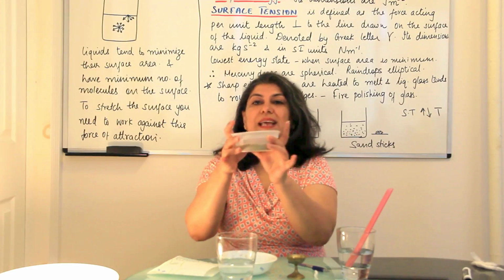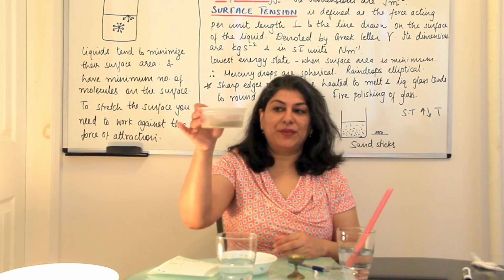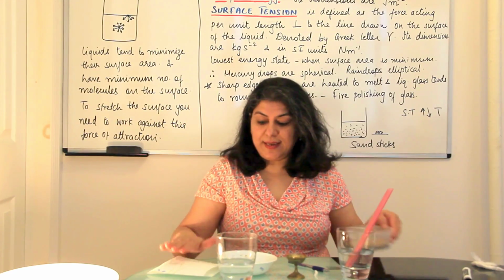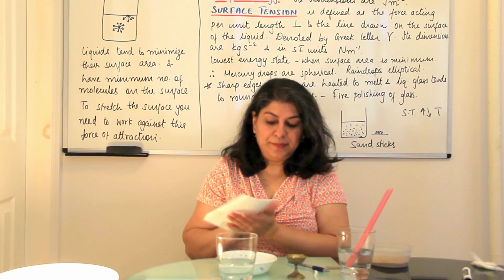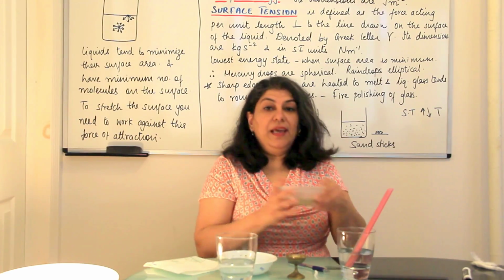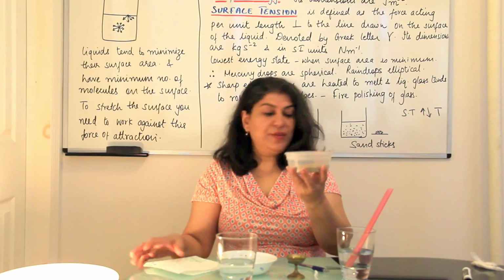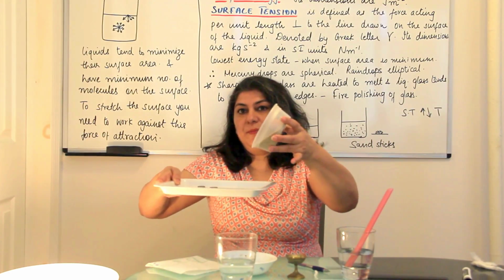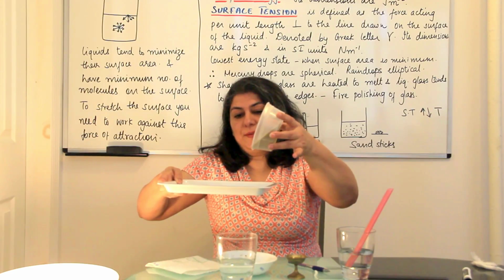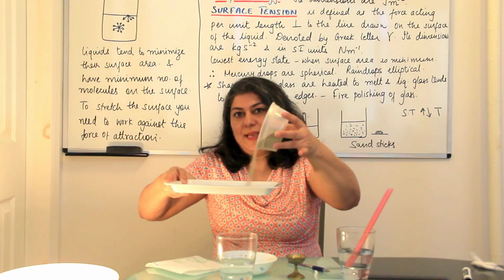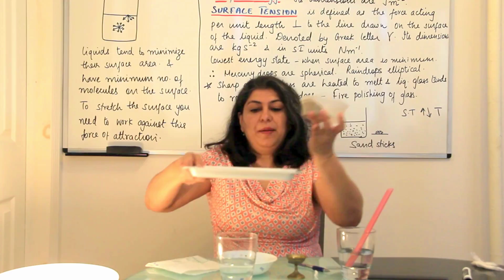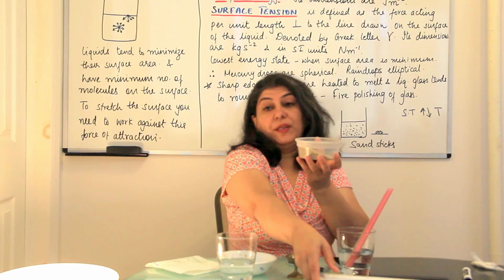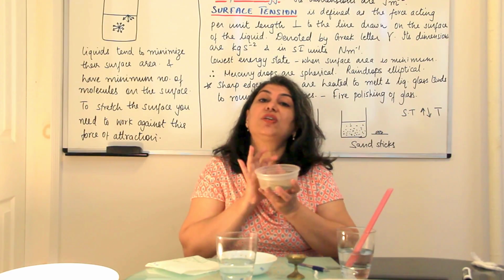It's moving because the sand particles are not sticking to each other, right? If I try to pour the sand over something, it pours easily. Do you see? The sand is falling off easily because the particles of sand are not sticking to each other.